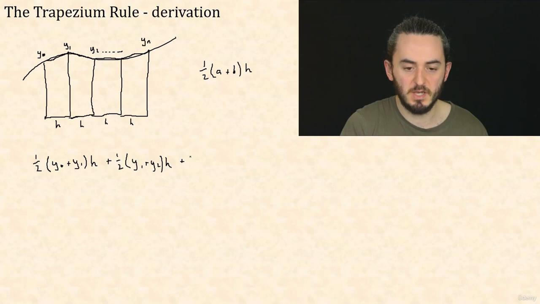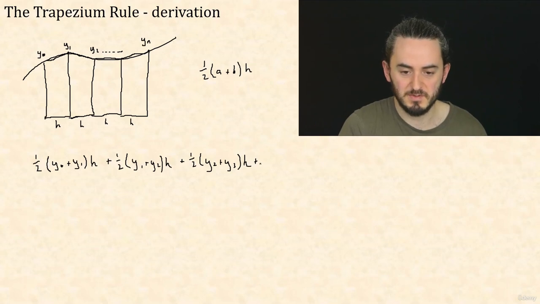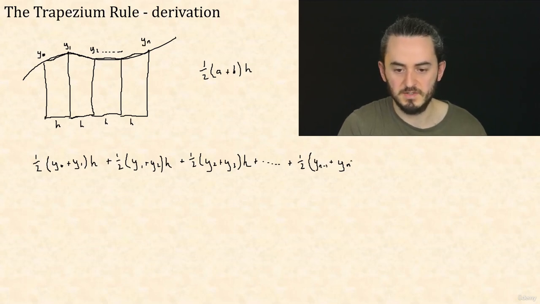And then I'll just keep going, so half of the sum of the 2 sides, y2 plus y3, times the gap between them, and I'd continue all the way through, and maybe it's 100, maybe it's thousands, maybe it's millions, maybe it's 4, until I get to the very last one, which is half of the last y value, the height of the last one is yn, so we've got yn minus 1 as the second last, and we multiply by the gap between them.